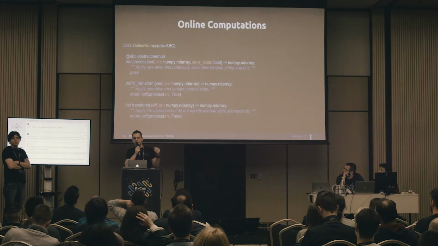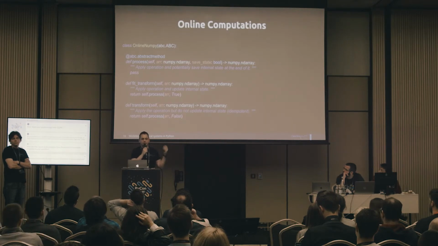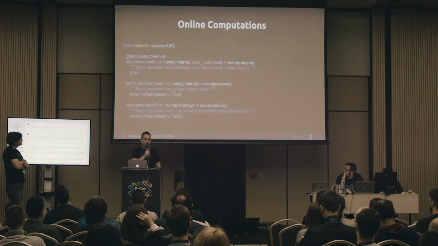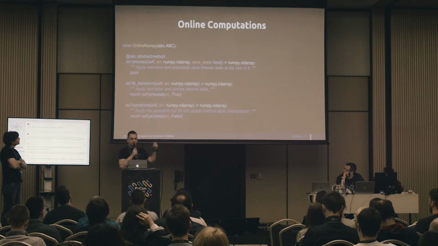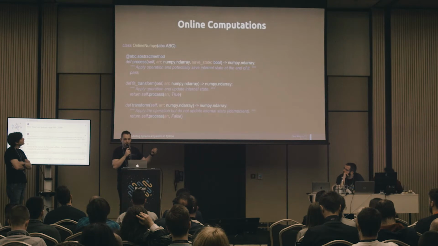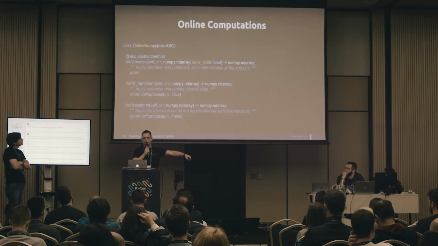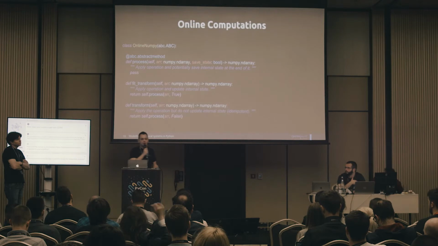You define your own class, and you override the process and apply your operation, whatever that is. The fit transform will actually apply this operation inside of a buffer, and will save the state of that buffer. And transform will just calculate the values and pass through the results, so it will not save the state. This is quite useful, for example, for testing purposes and so on.